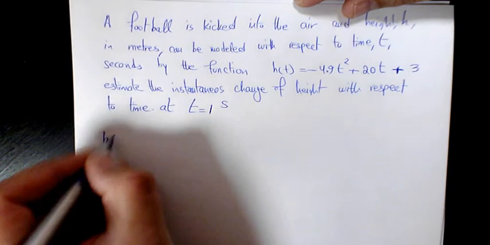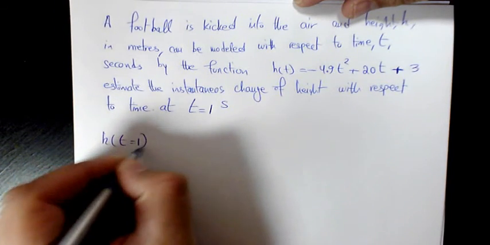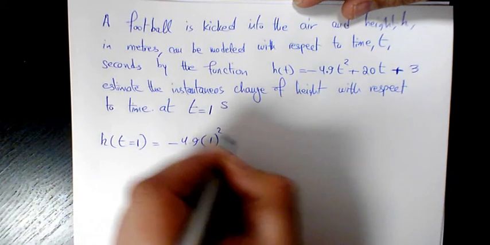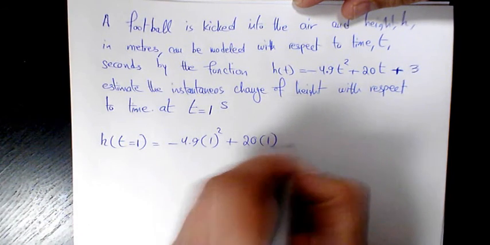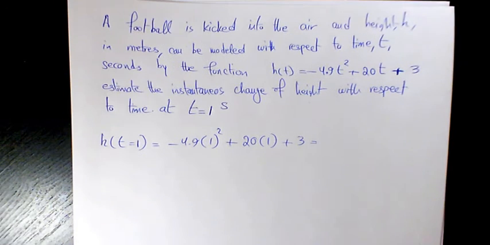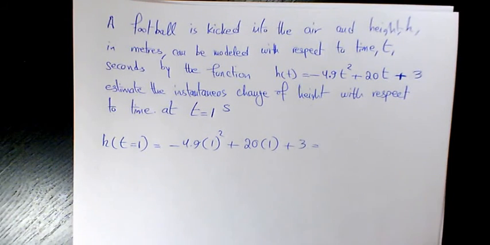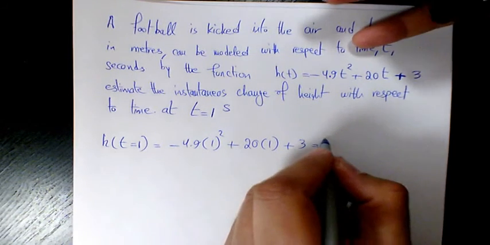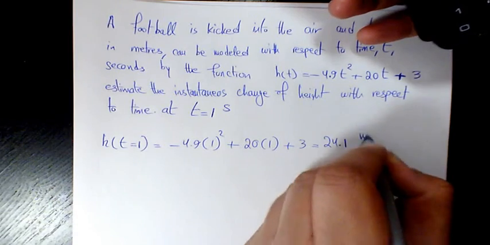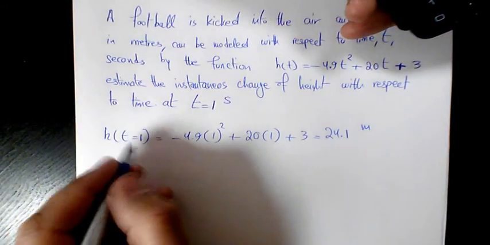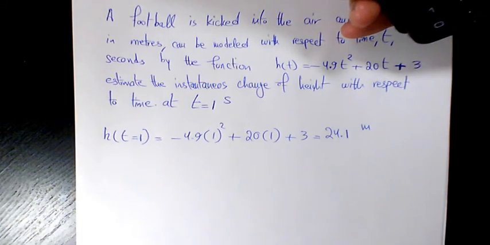Let's find out the height at time 1. So it's going to be negative 4.9 times 1 squared plus 20 times 1 plus 3. That will be 23 minus 4.9. It's going to be 18.1 meters. So when time is 1, height is 18.1.